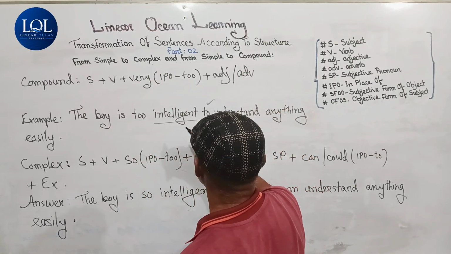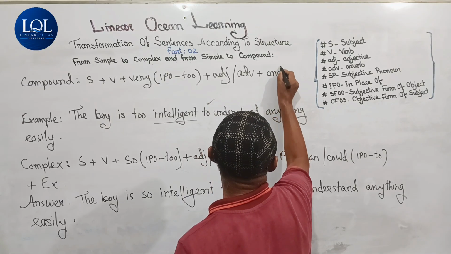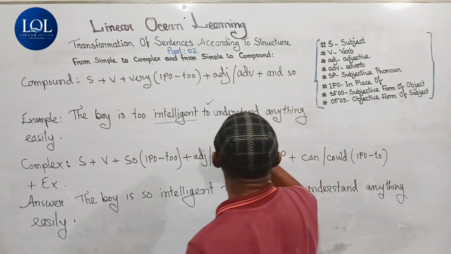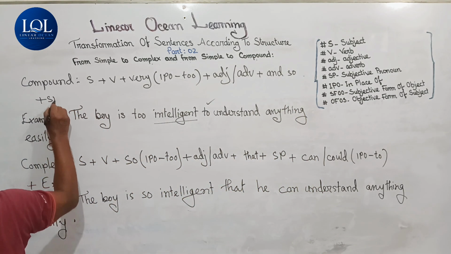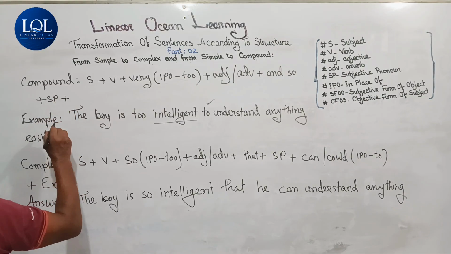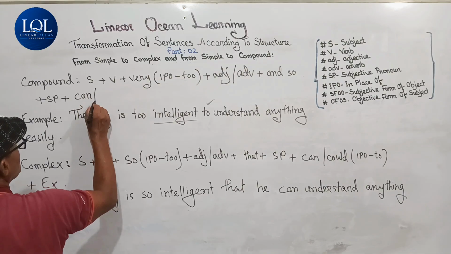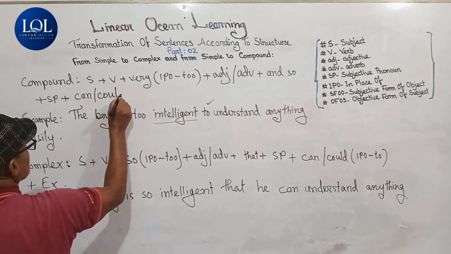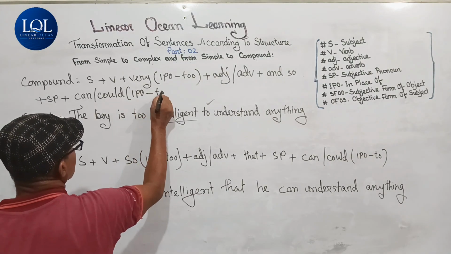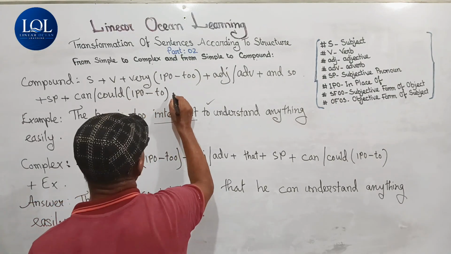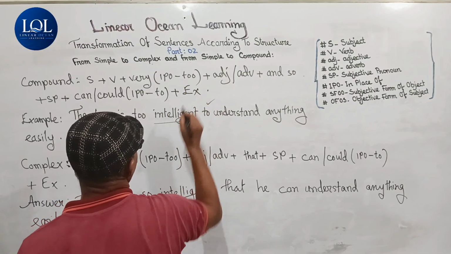The boy is very intelligent, and so, plus subjective pronoun, plus can or could, IPO2, plus extension or next part of the sentence.